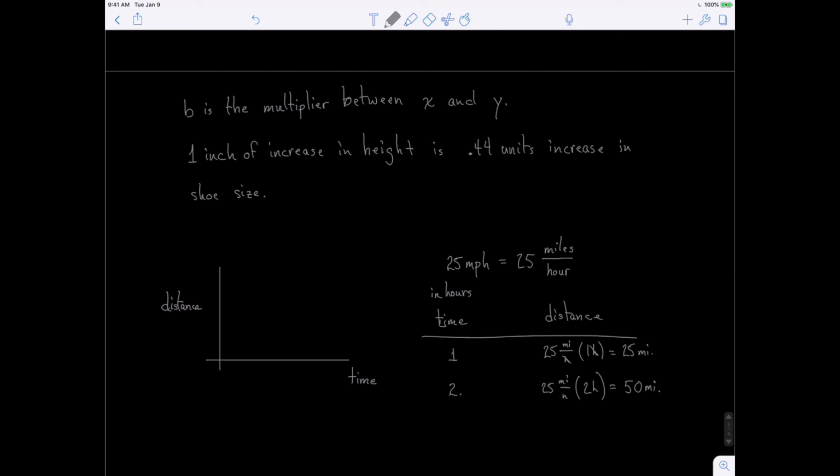So if time is 1, 2, 3, 4, we might have distance here: 25, 50, 75, 100. So when time is 1, I've gone 25 miles. When time is 2, I've gone 50 miles. And at 3, it's 75, and so on. And we can create this nice line that describes the relationship of time and distance.